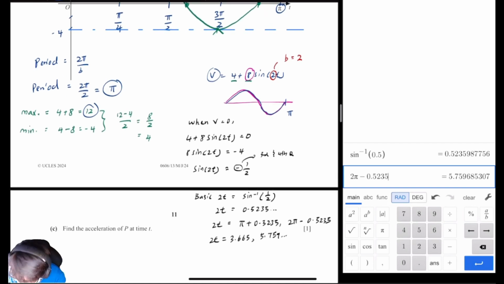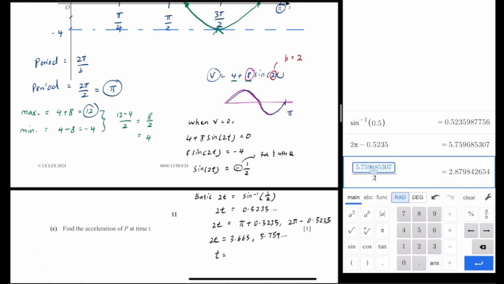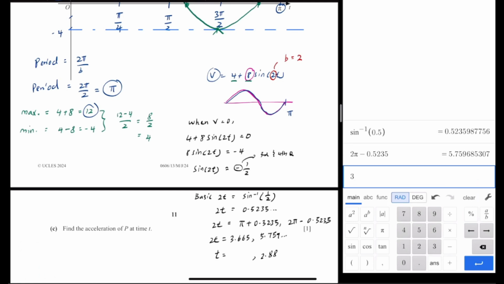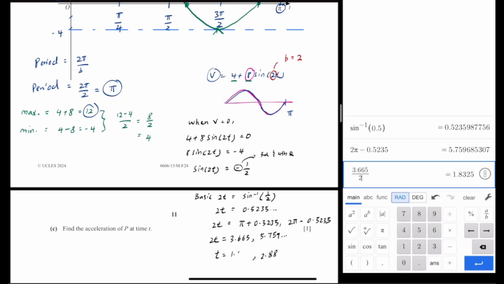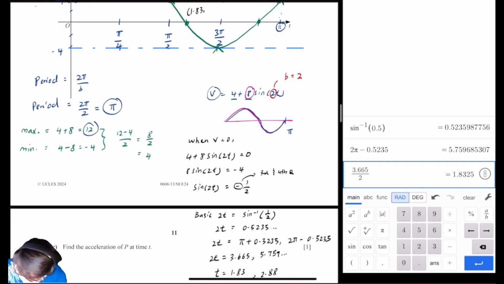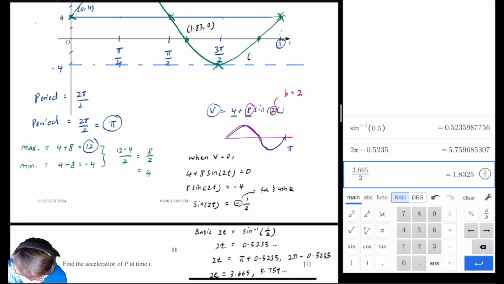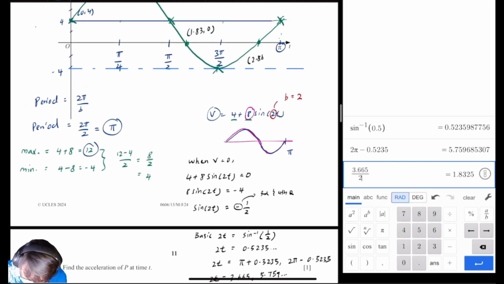So both divided by 2. Let me just find out the first one. Divided by 2, that's going to be 2.88, and the other one, 3.665 divided by 2, 1.83. So our coordinates here would be 1.830, and then the other one here would be 2.880.